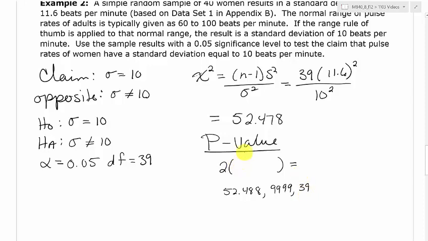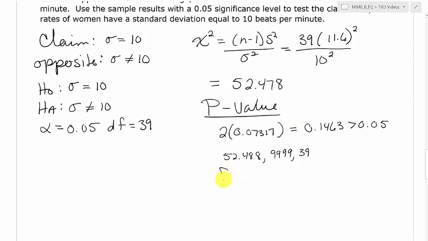When you put this in your calculator, you should get 0.07317. Multiply that by 2, we get 0.1463. This is greater than alpha, 0.05, and because it's greater than alpha, we're going to fail to reject the null.